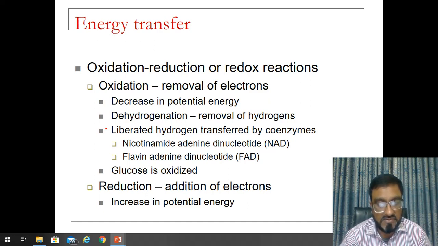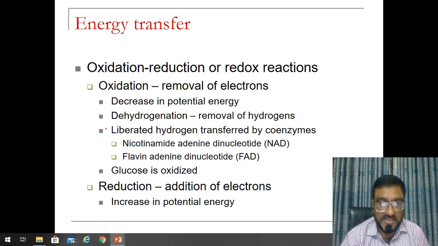So previously in the first lecture we discussed several definitions for oxidation and reduction. For oxidation, one of the definitions we talked about is the removal of electrons, decrease in potential energy, dehydrogenation, removal of hydrogens. The liberated hydrogen is transferred by the coenzyme NAD.